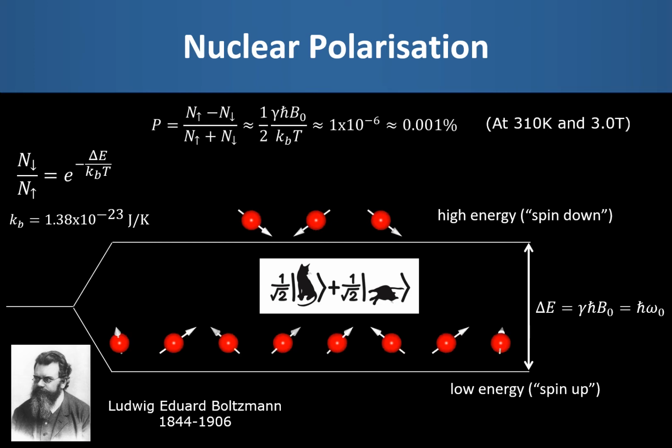And if we look at the Boltzmann distribution, then to a first order approximation, we can calculate the polarization as shown above, and as we see at 310 Kelvin and 3 Tesla, we're getting about 0.001% polarization, which gives rise to our net magnetization.